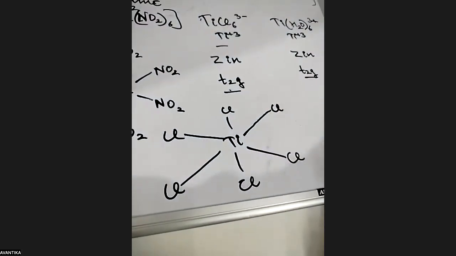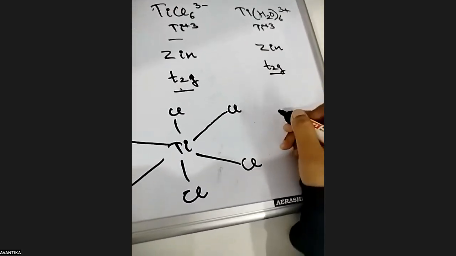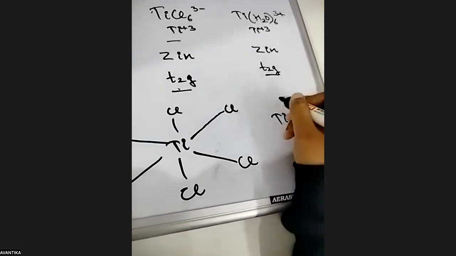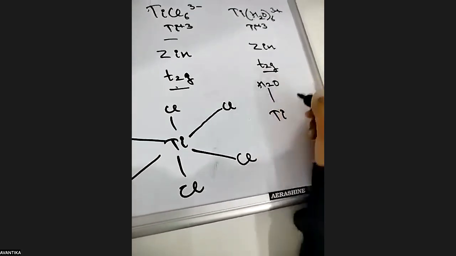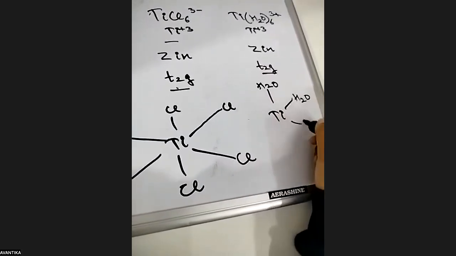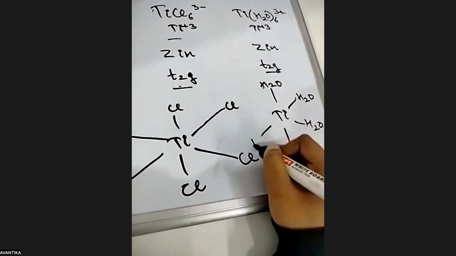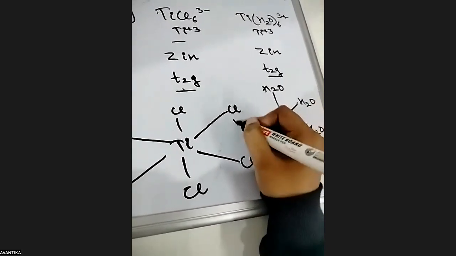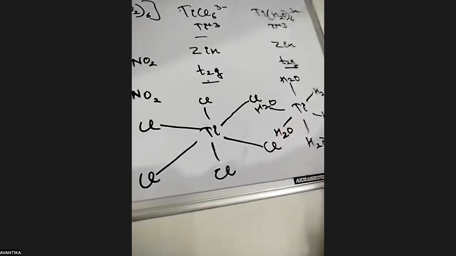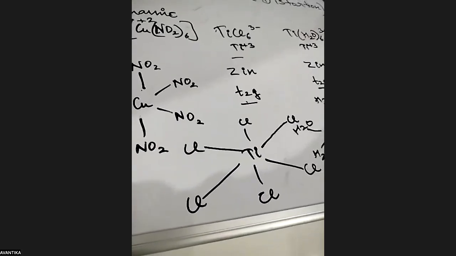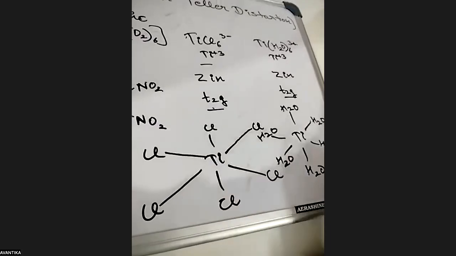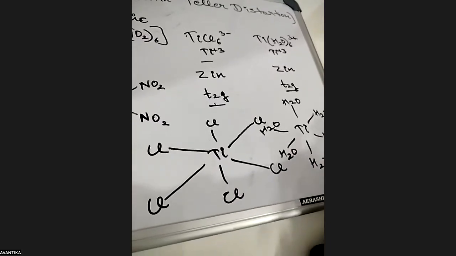And in [Ti(H2O)6]3+, all bond lengths are equal. So here the reason can be Berry pseudo rotation. And we have observed it at the same temperature.